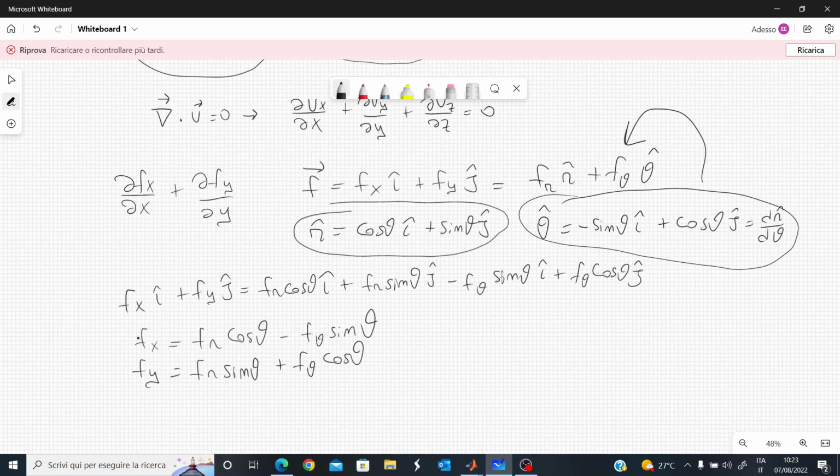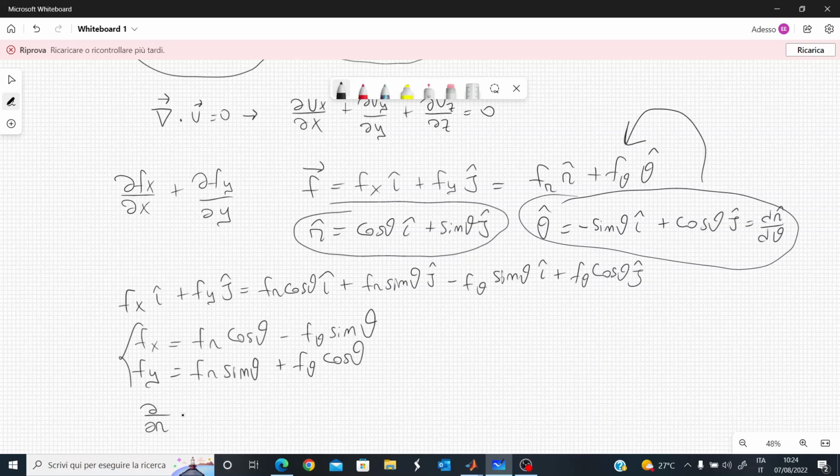And then we also have to change the derivatives. So we found an expression for fx in terms of theta, fr, f theta, and fy as a function of fr, f theta, and theta. So this is what we want. We want to go from the variables x and y to the variables r and theta. So we also have to change these derivatives. And how to do that? Well, we have to use the chain rule.